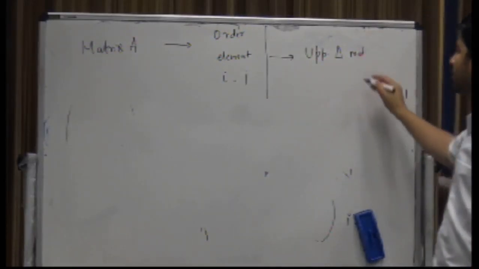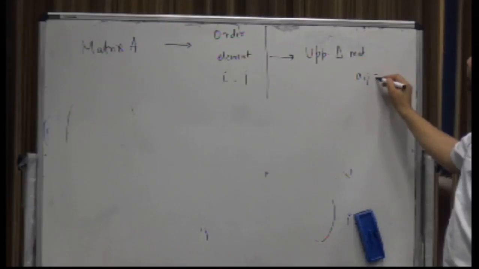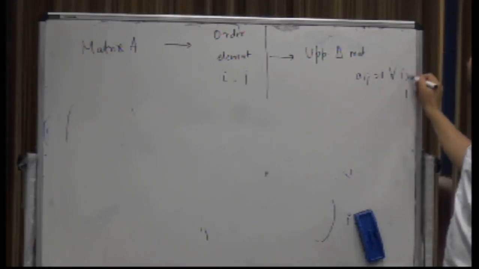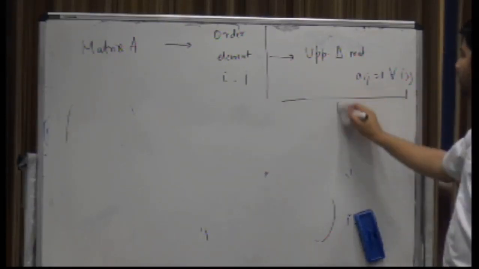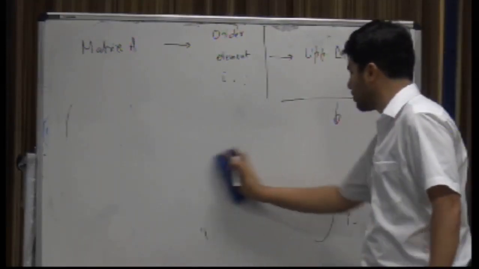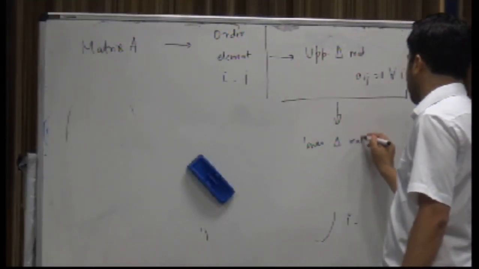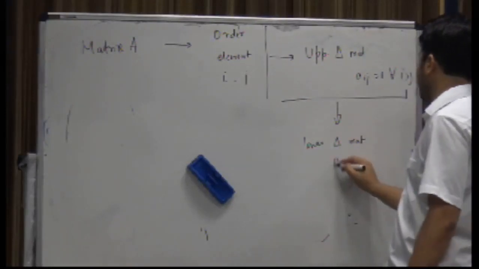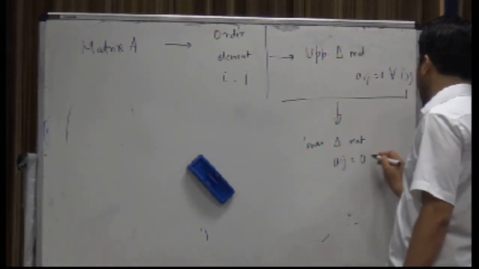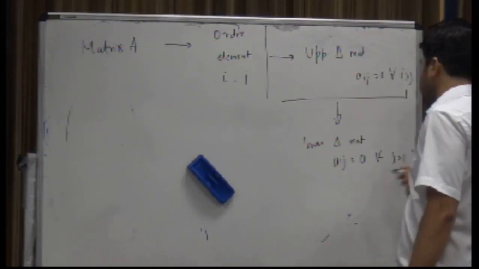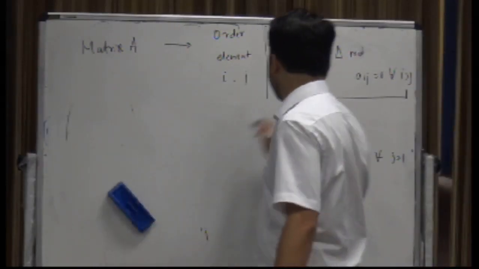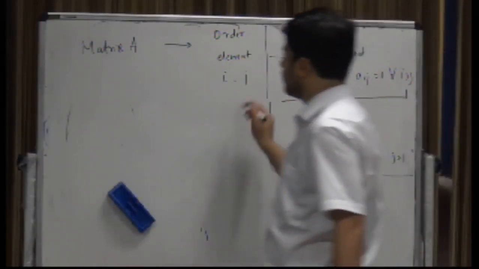We understand that Aij is equal to 0 for all i greater than j. And then we understood the lower triangular matrix, where Aij is equal to 0 for all j greater than i.